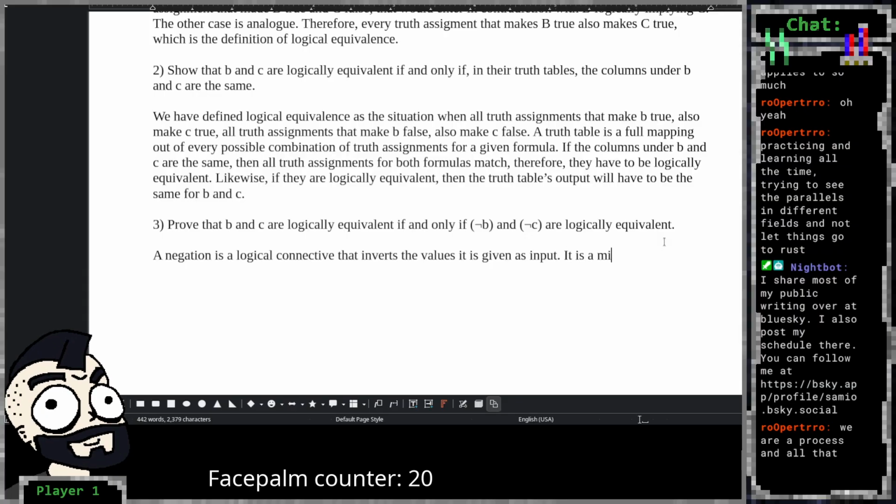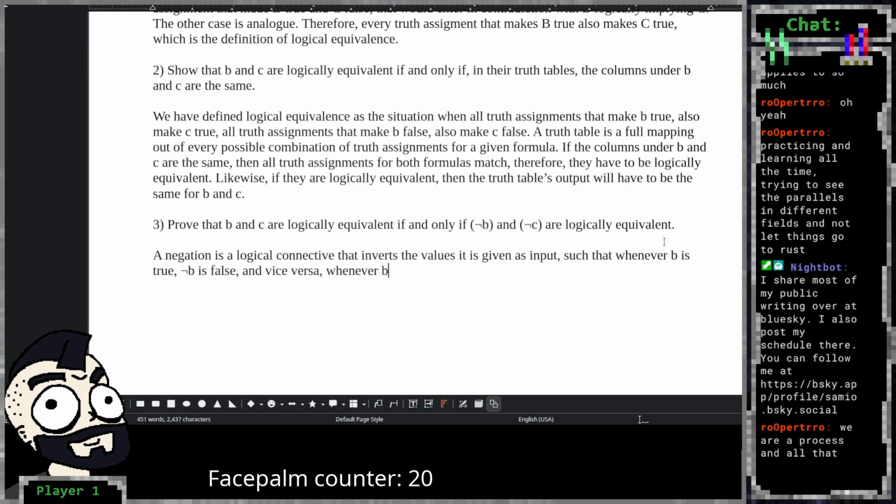It is such that whenever B is true, not B is false, and vice versa.